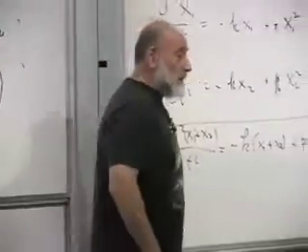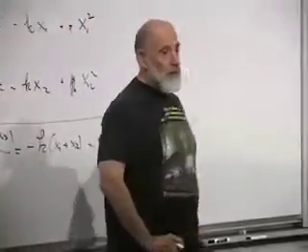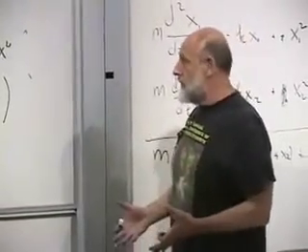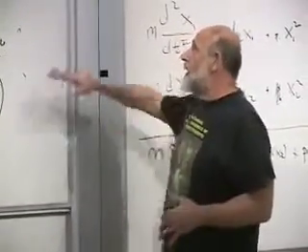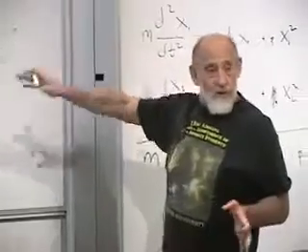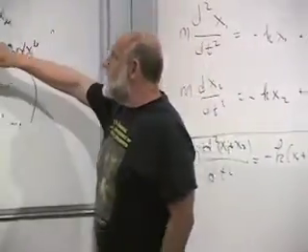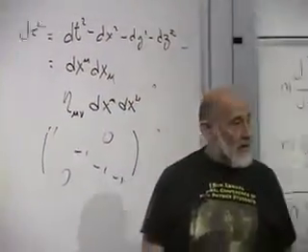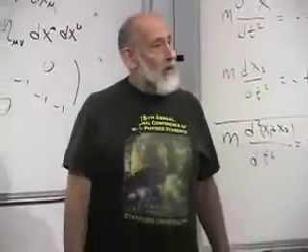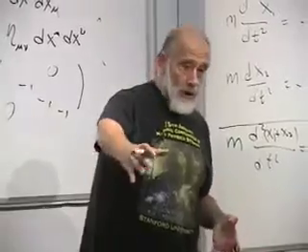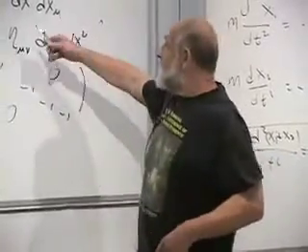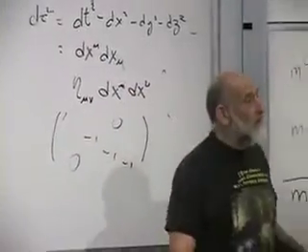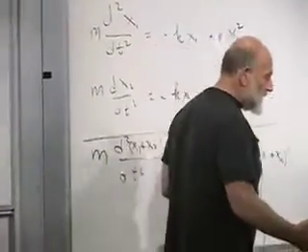The second statement, which is not an axiom, it's a theorem, is that the transformations that you can do on x, y, z, and t, which preserve the form of the interval, are Lorentz transformations. If we look at Lorentz transformations and rotations and so forth, the interval in terms of primed coordinates has exactly the same form as the interval in terms of the unprimed coordinates.